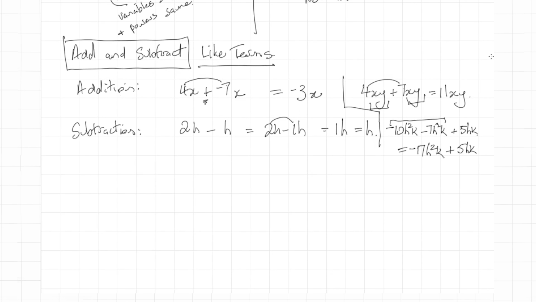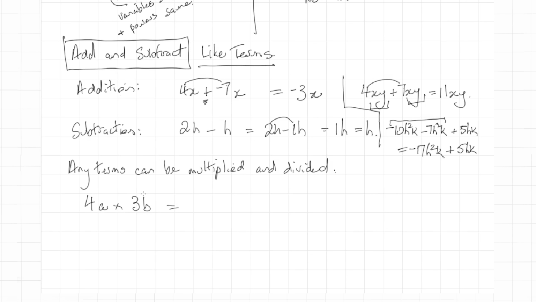If we want to look at multiplication, so any terms can be multiplied and divided. Any terms. So if we've got 4a times 3b, we don't have like terms, but it doesn't matter.